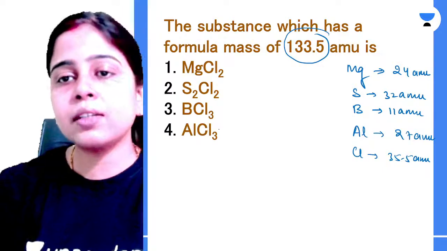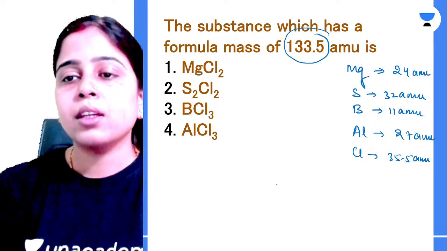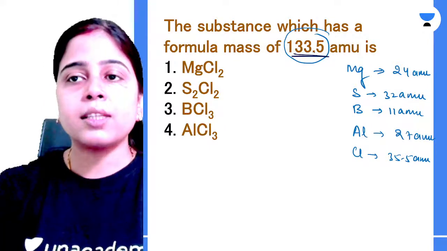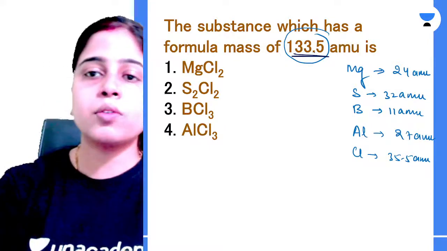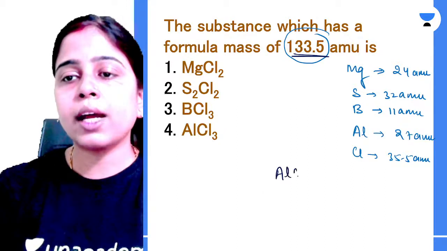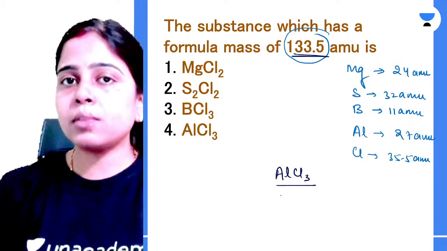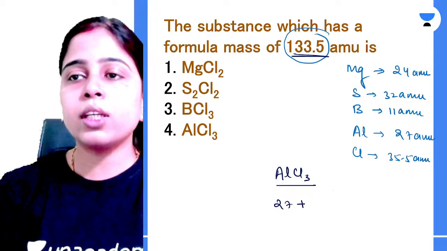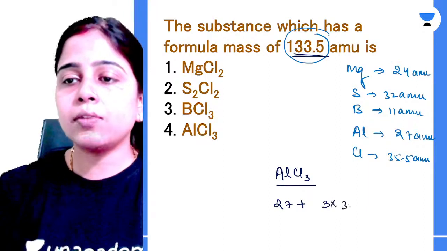We will start from the fourth one, because it's a very high molecular mass. So we will start with the last option, aluminium chloride. You can see you have one atom of aluminium, so 27, plus 3 atoms of chlorine, so 3 into 35.5.